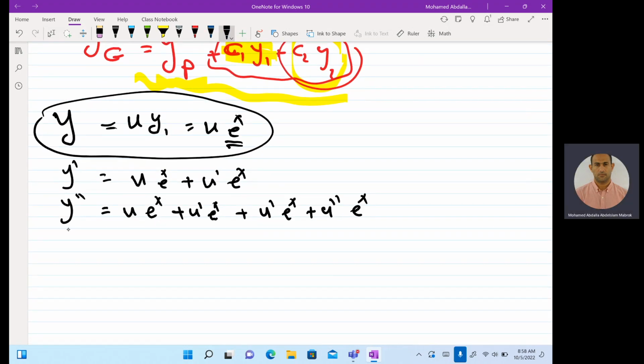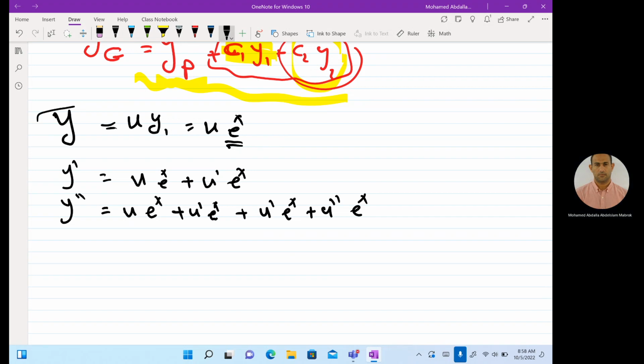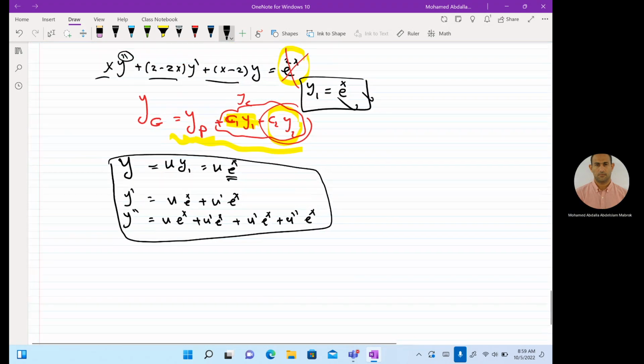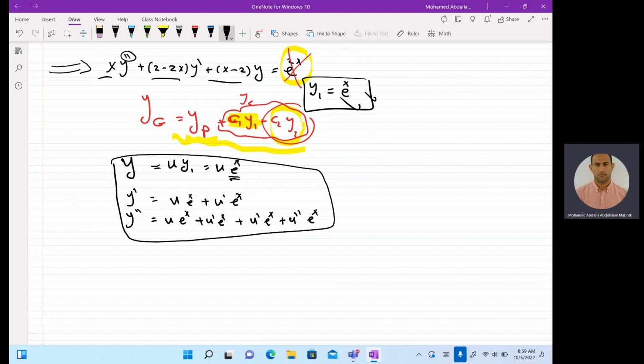Now we have our Y, Y dash, Y double dash. Take these and go back and substitute in the differential equation that we're solving here. All we need is to remove Y double dash, put its value, remove Y dash, put its value, remove Y, put its value. Please make sure that you wrote the signs correct and that you did the multiplication correct.